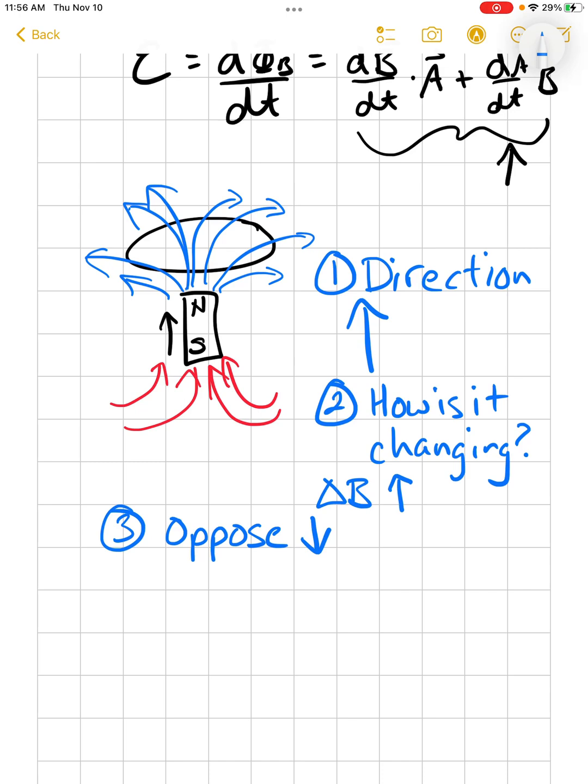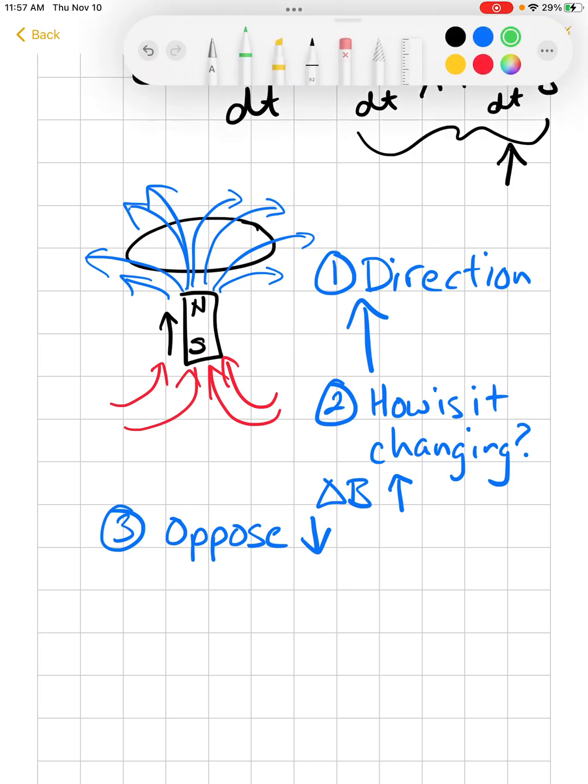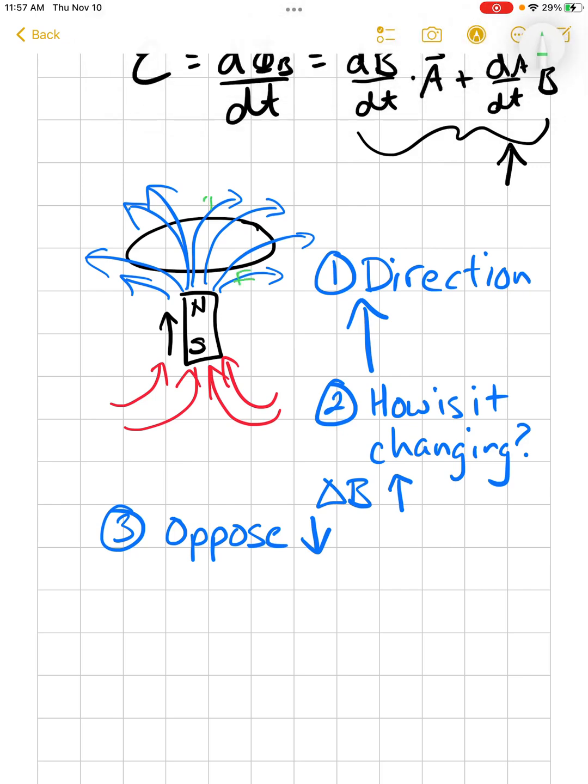So if we assume that this loop here is horizontal and this is the front and this is the back, I'm going to point my finger down because that's the opposite direction, and my fingers are going to curl around to the right. So it's going to go clockwise from back to front, and that's the direction of the induced current.